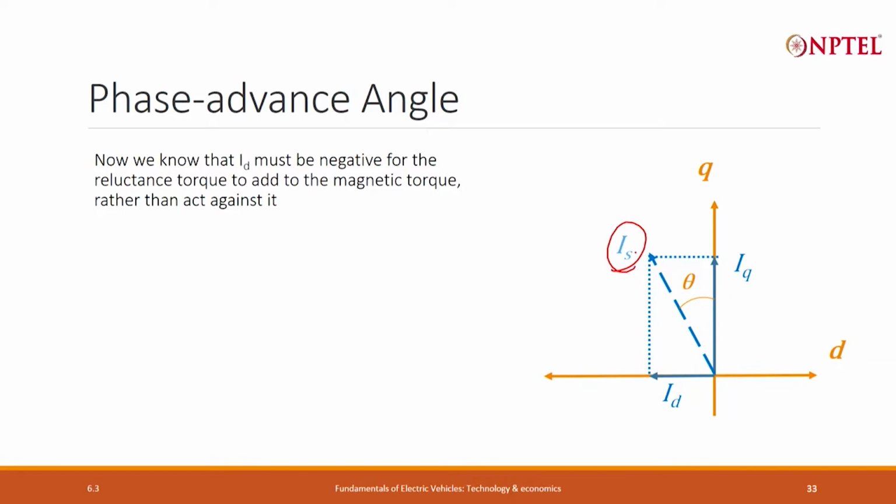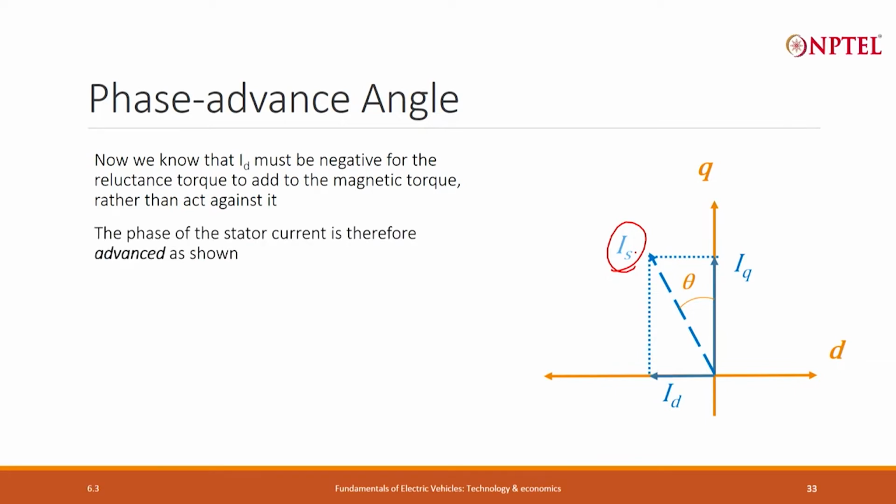This is the vector sum of ID and IQ. So, that vector sum will make an angle theta. From what we already know about trigonometry, we can say that IS will be the Pythagorean sum of ID and IQ, which means IS squared is equal to IQ squared plus ID squared, and tan theta will be equal to ID by IQ.